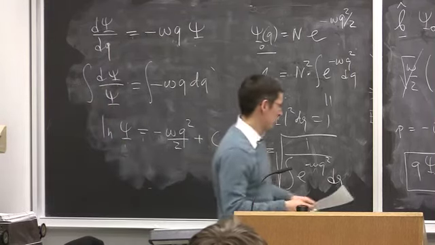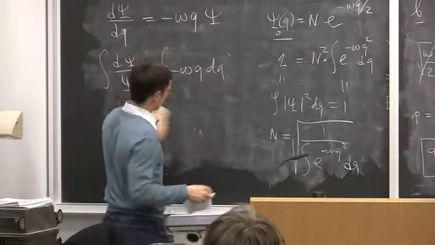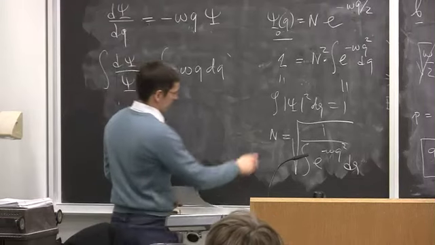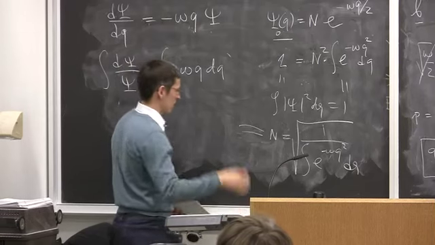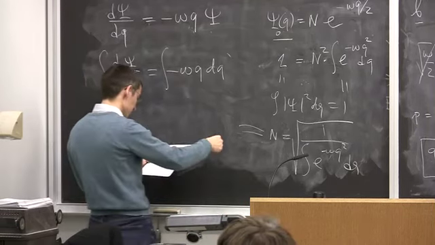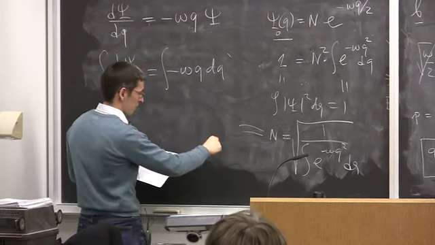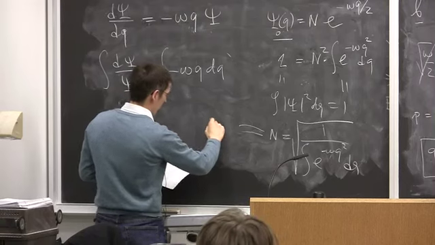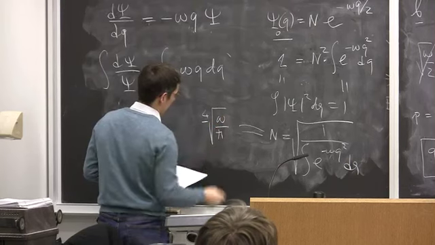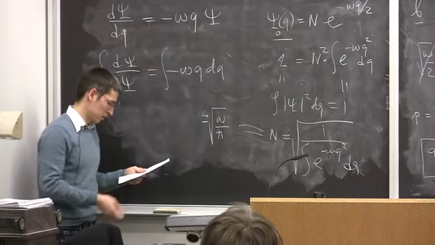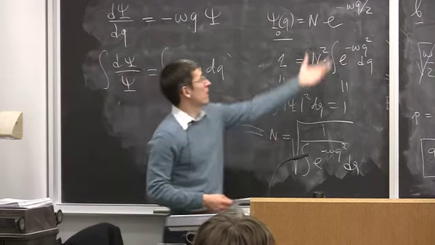There is a way to do it using complex variables, but to make a long story short, this is called the Gauss integral, and you can just check it on Wikipedia. They also explain how you take it. And in this case, N is the fourth root of omega divided by pi. All right, so that's your N. Normalization, and the function is given here.